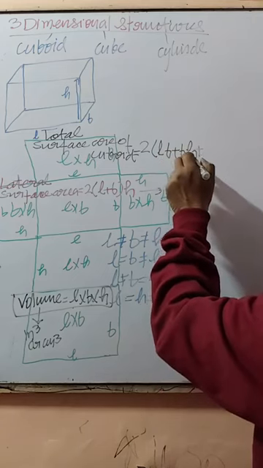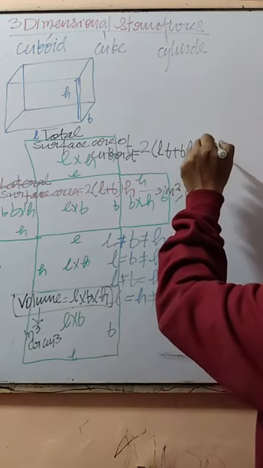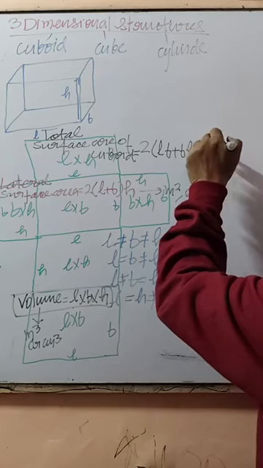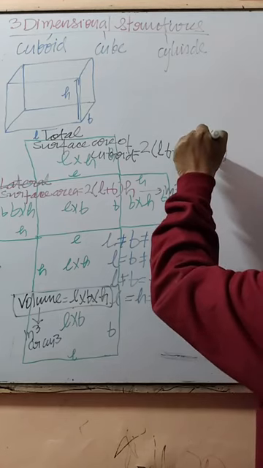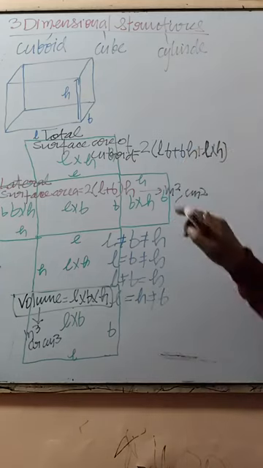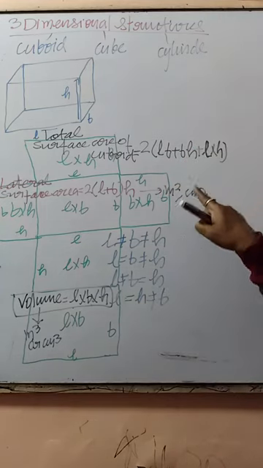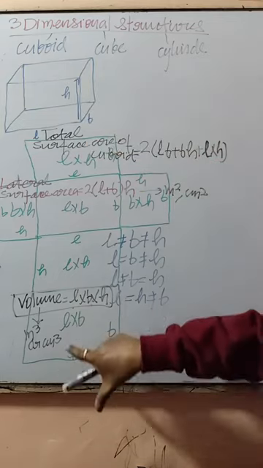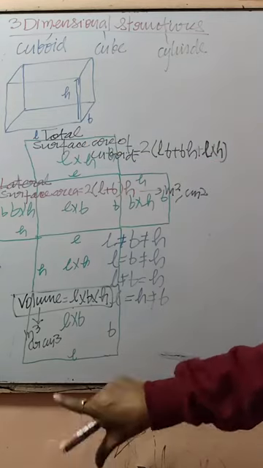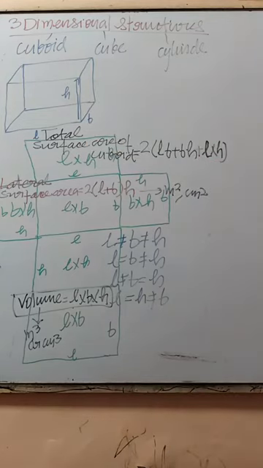L into B, B into H, L into H. This is the total surface area, this is lateral surface area, this is the volume of cuboid. You make a note of it? Yes, sir. Okay. Very good job.